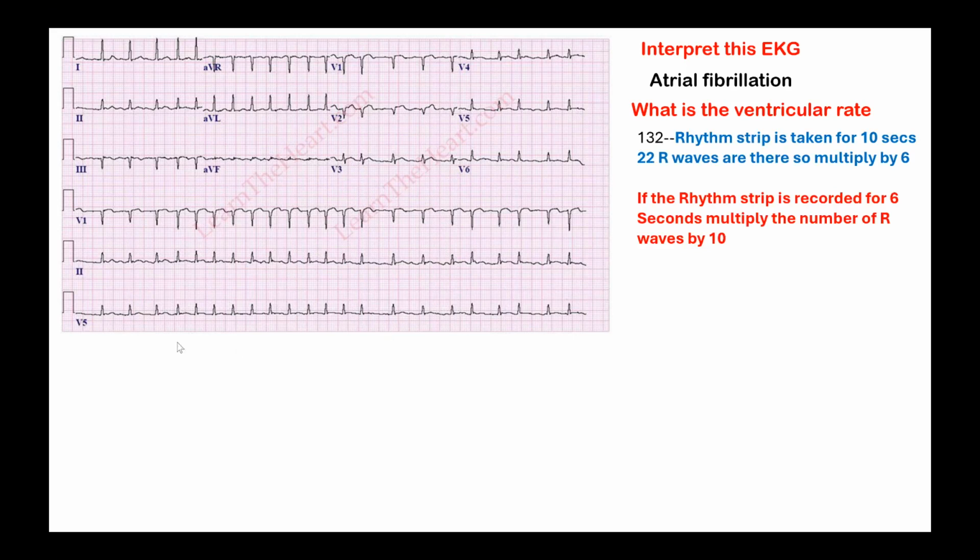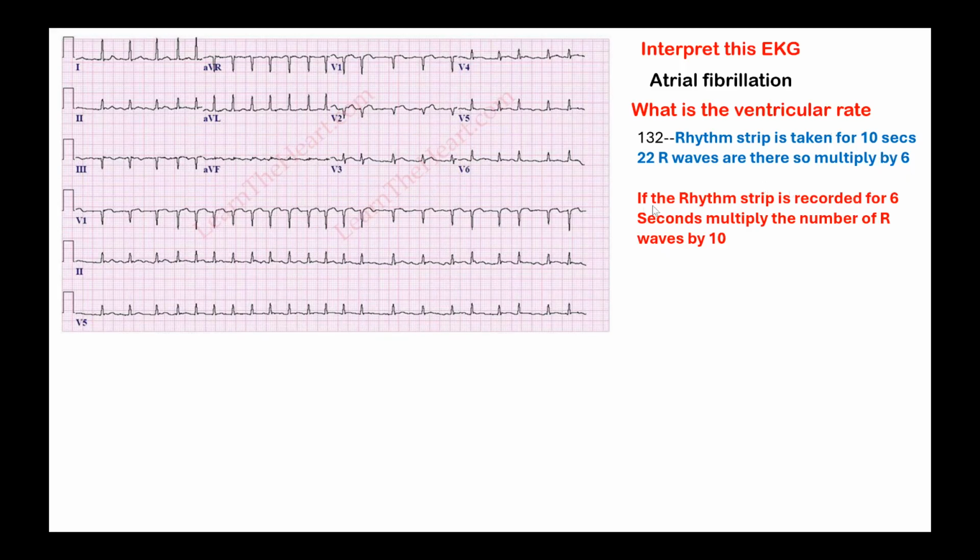Some ECGs have a long strip or rhythm strip of 10 seconds. Or some ECGs will have a rhythm strip of only 6 seconds. So if it is for 10 seconds, count the number of R waves and multiply it by 6.